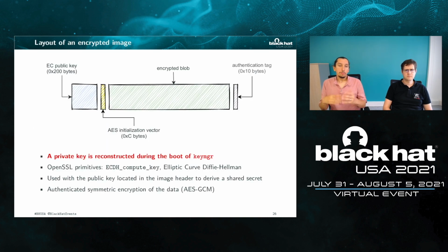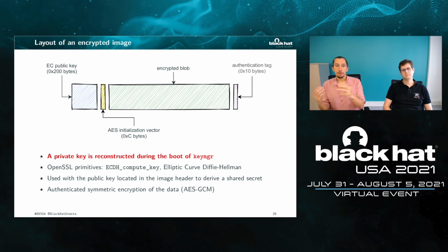The new main userland image is encrypted. The same envelope encryption mechanism is used. However, instead of using RSA for the asymmetric part, cryptography over elliptic curve is used. What happens is that when key manager starts, very early in its boot, a private key is reconstructed.